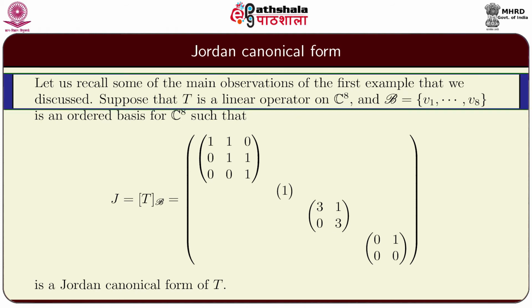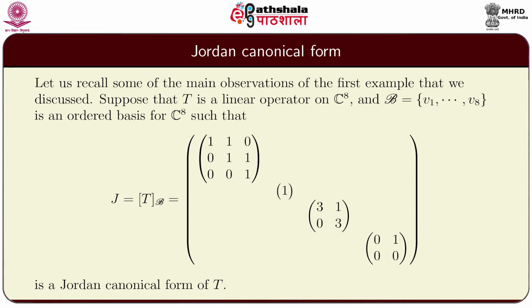Let us recall some of the main observations of the first example that we discussed. Suppose that T is a linear operator on C8 and B is the set of vectors v1, v2 and so on up to v8, which is an ordered basis for C8 such that the matrix representation of T with respect to this basis B is given by these Jordan blocks.